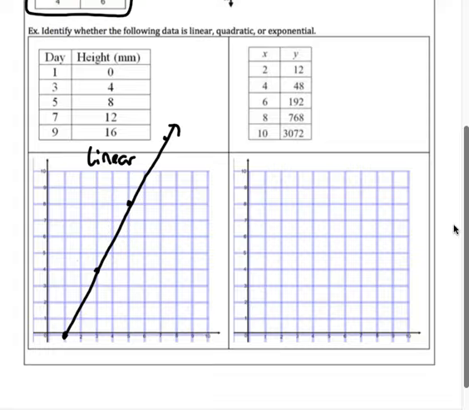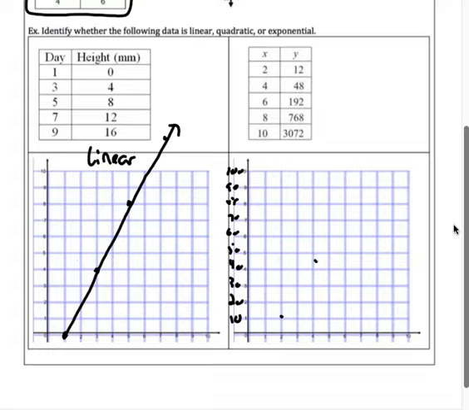This next one, well here this gets a little bit difficult to sketch because notice how big those numbers get. But even if we were to do the first couple, so 10, 20, 30, 40, 50, 60, 70, 80, 90, 100. So 2 and 12 puts me right there. 4 and 48 puts me right there.